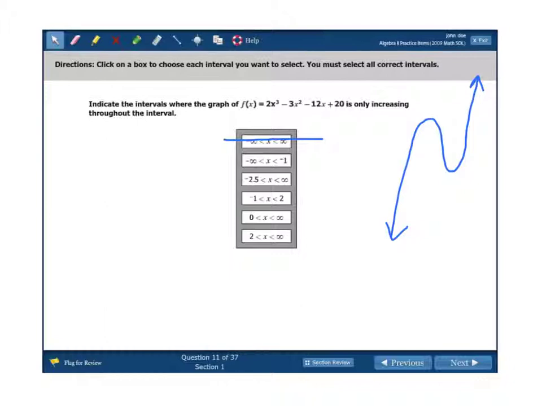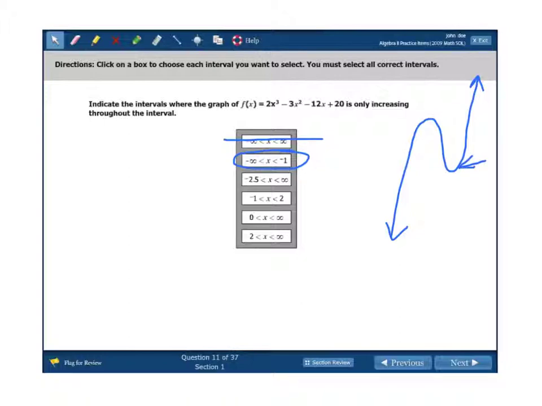I'm going to zoom out one time and see if it helps a little bit with the viewing of the graph. Yeah, I agree with this. Now, -2.5 to positive infinity. Well, again, I need to view my graph. It looks like this point is on the x-axis at 2.